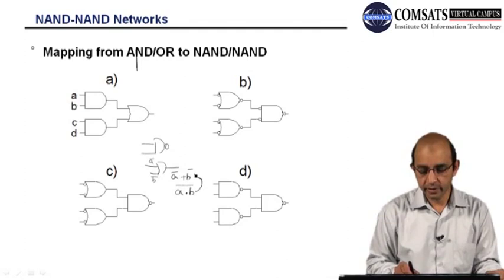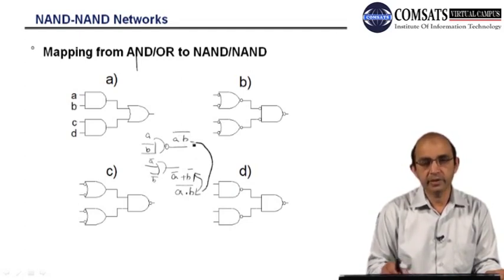So these two statements are equal. It means if I have the input A and B over here, what will be the output? A dot B whole bar. So these two expressions are the same.